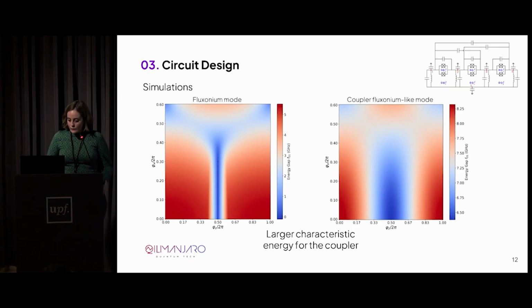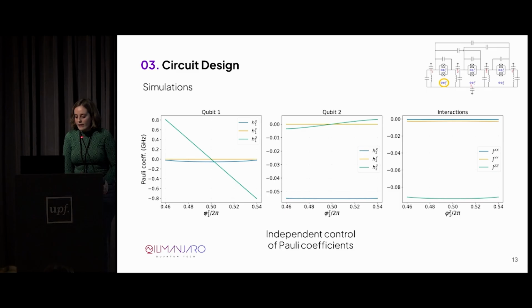Another thing that we could do from this effective Hamiltonian was to compute the Pauli coefficients, both of the individual qubits and also of the interactions. Here, for example, you can see these Pauli coefficients while sweeping the Z flux in the first qubit. And what we can extract from these plots is that we actually have an independent control of these Pauli coefficients.